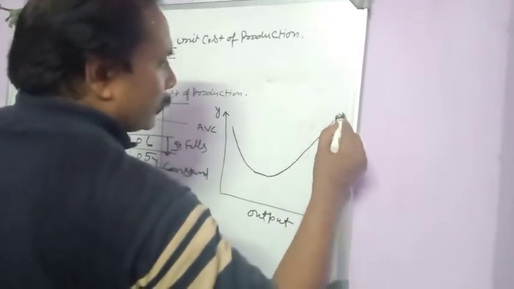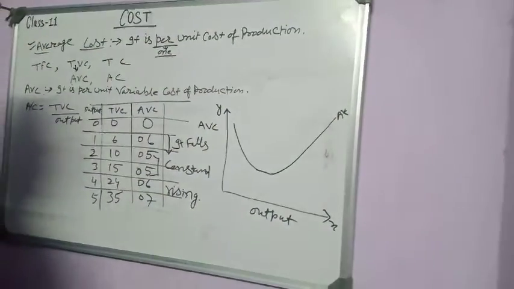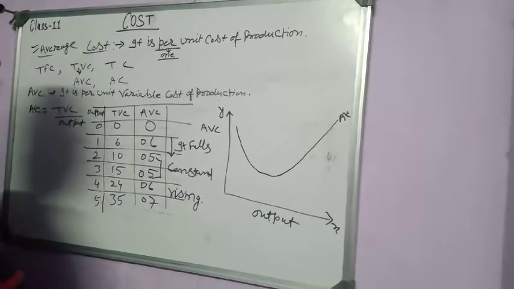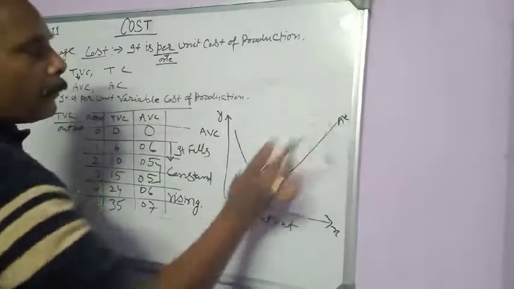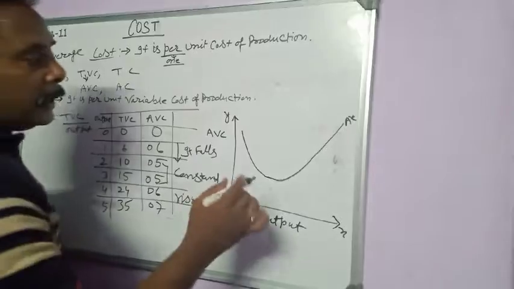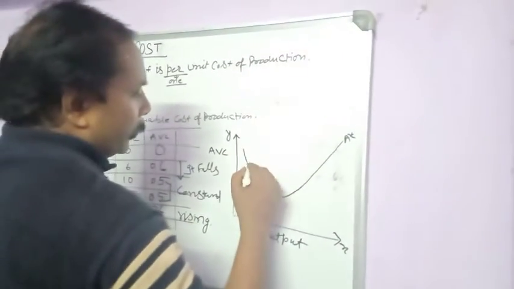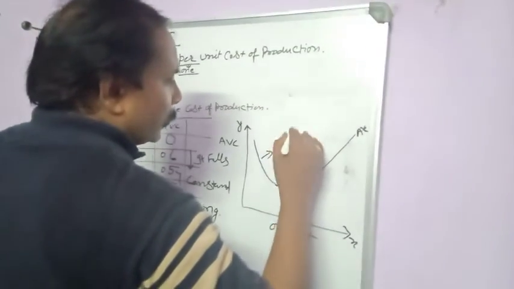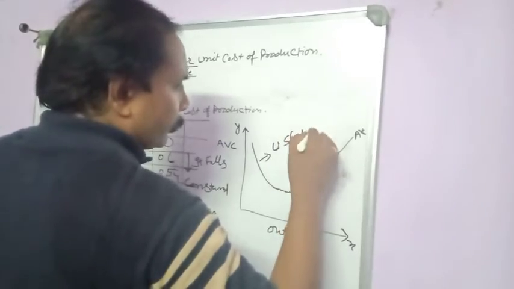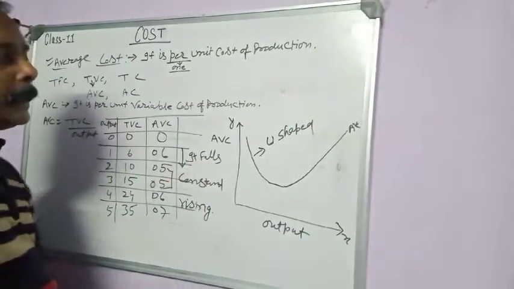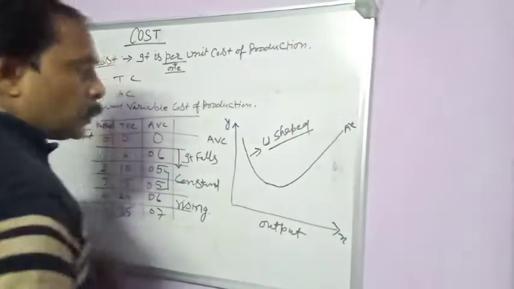So that is AVC. In this way we can say what? The shape of the AVC is U-shaped. What is the shape of AVC? Your answer will be U-shaped.